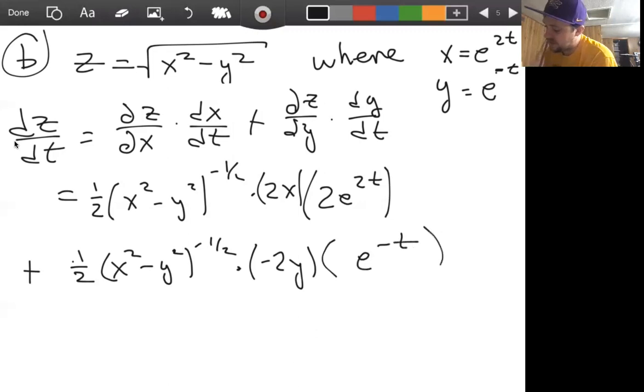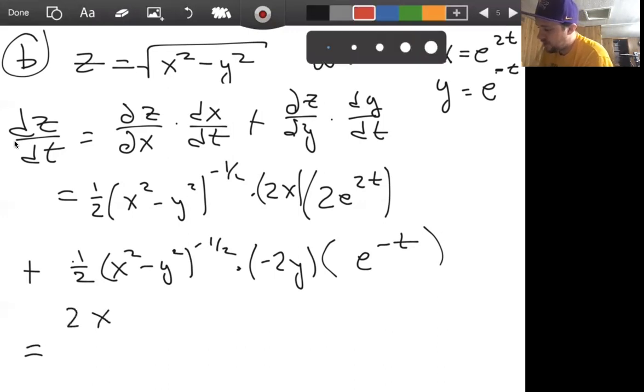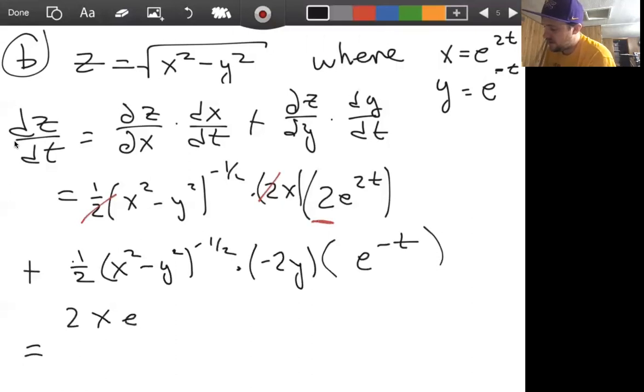So let's simplify this. This 2 cancels with this 2, but we still have a 2 left over. So it's 2x e to the 2t over root x squared minus y squared, right?